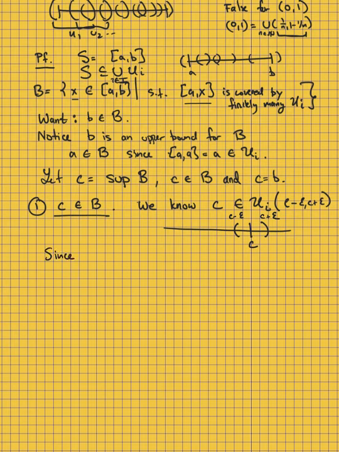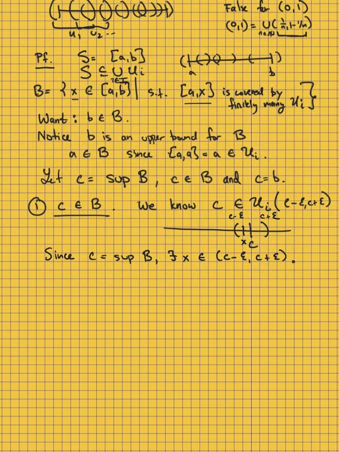Then since C is the sup of B, I can find some element here. So there exists X, which lives in C minus epsilon, C plus epsilon.